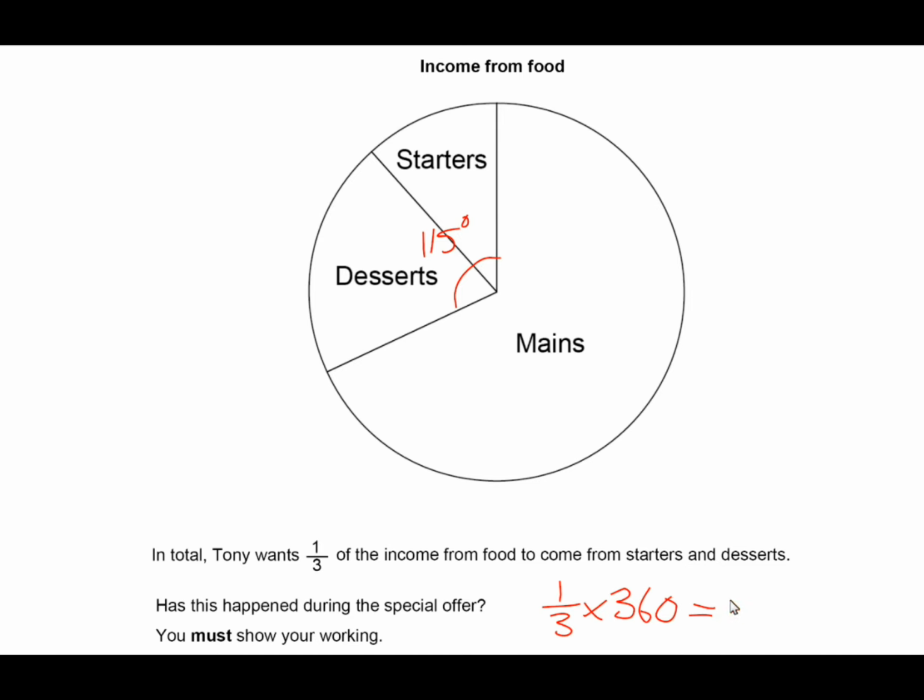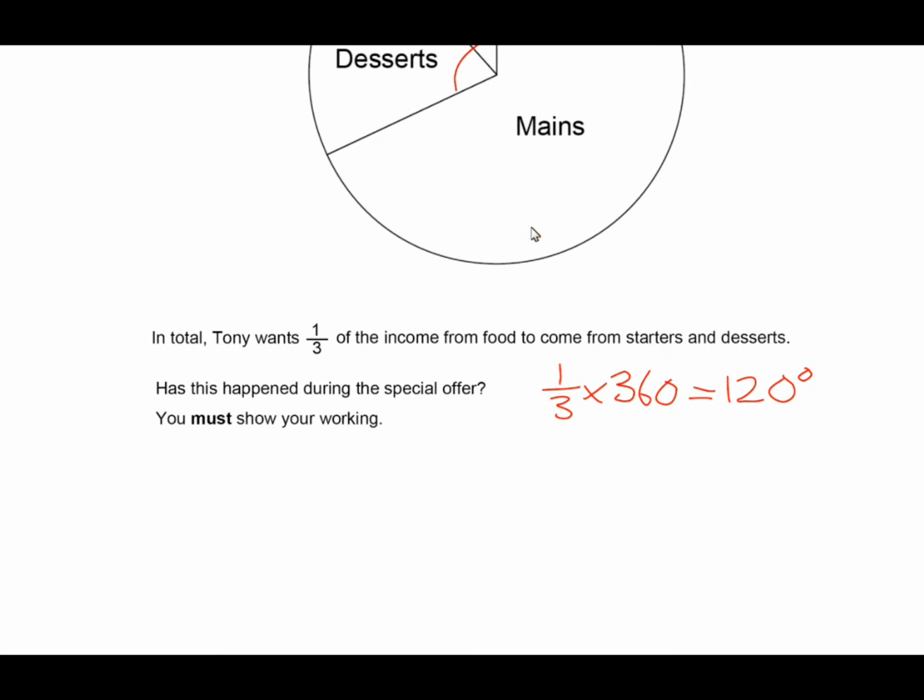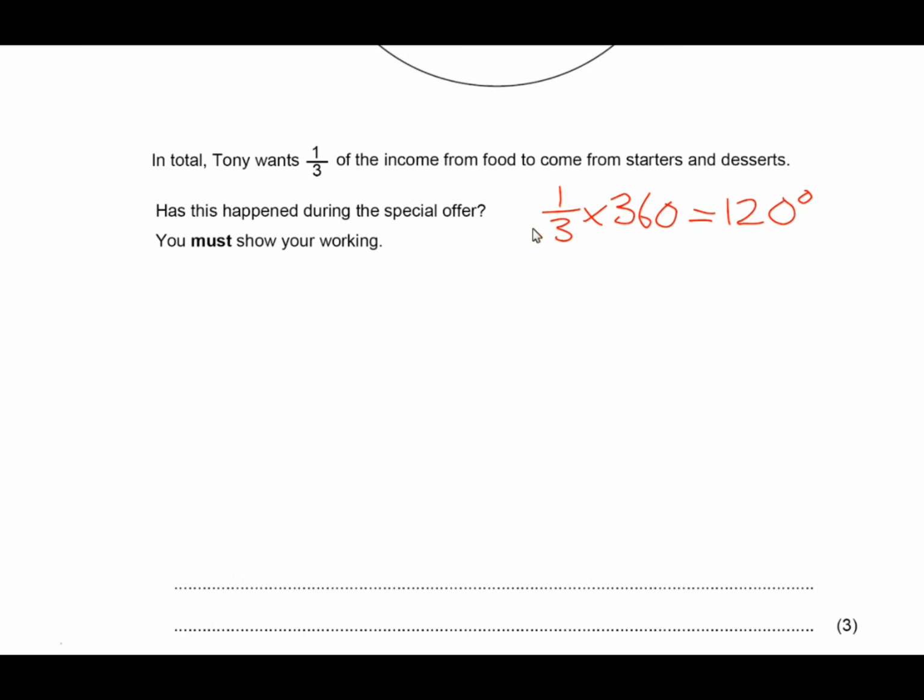So 1/3 of 360 is 120 degrees. So we have less than the 120 degrees we need. So to answer the question for our 3 marks is no, this has not happened.